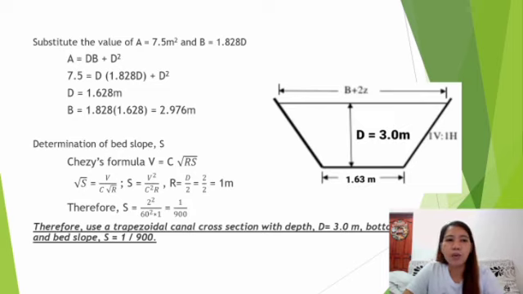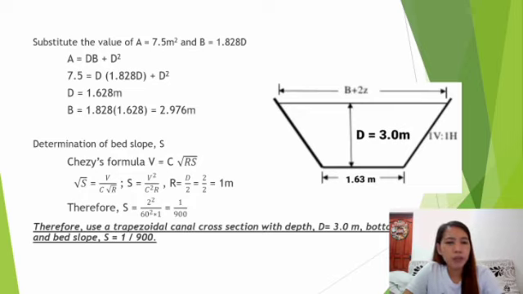and B is equal to 2.976 meters. After we have the values for the channel dimensions, we proceed with the bed slope using Chezy's formula, V equals C square root of RS, wherein we have values for C and for R as well.